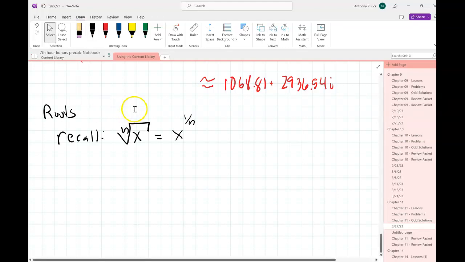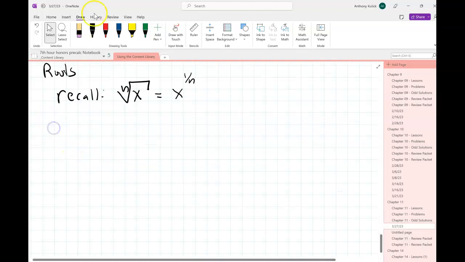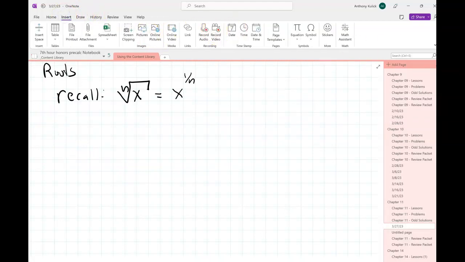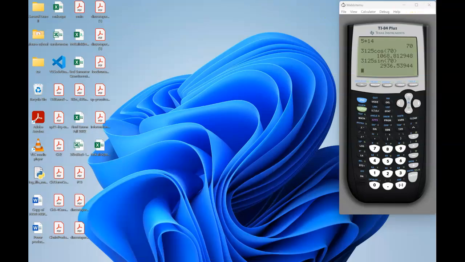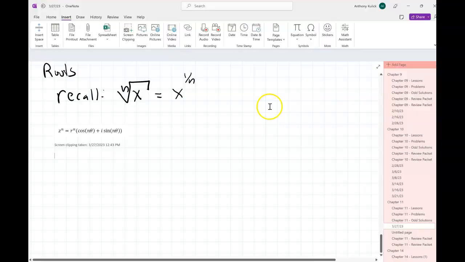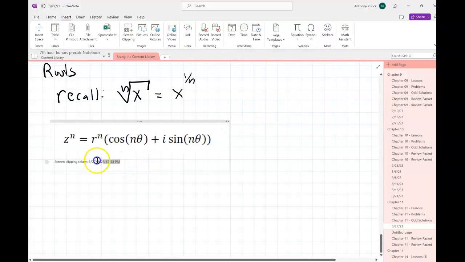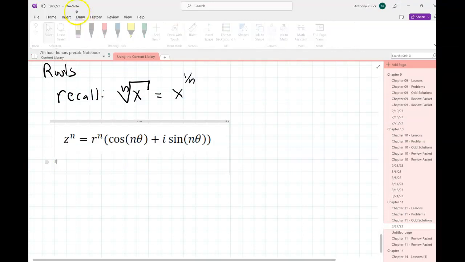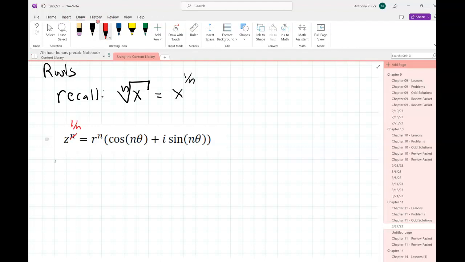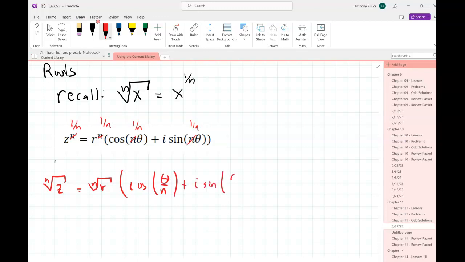So if I plug that into the de Moivre's theorem that we just developed, where I replace all the n's with 1 over n's, we'd have z to the 1 over n, let's write it as the nth root of z, equals the nth root of r times cosine of theta over n plus i sine theta over n.